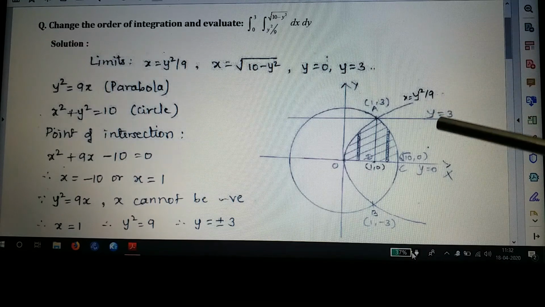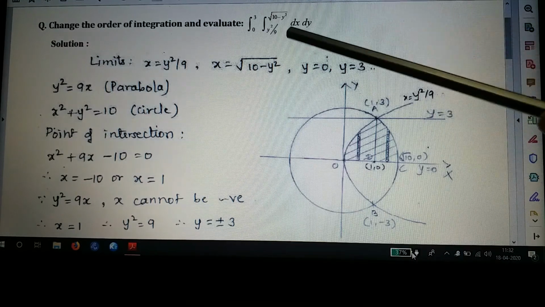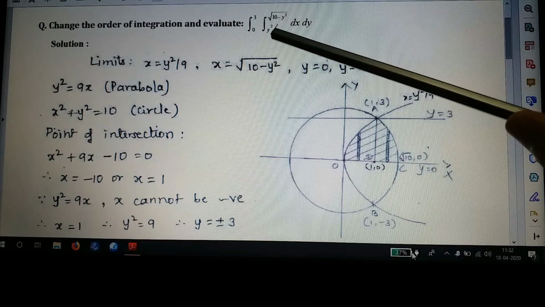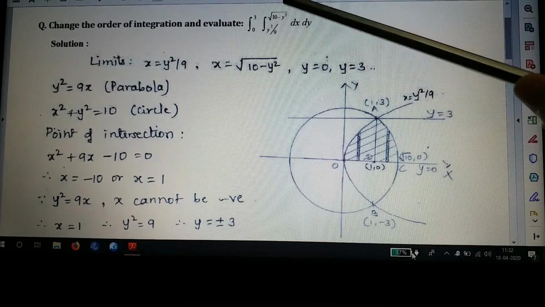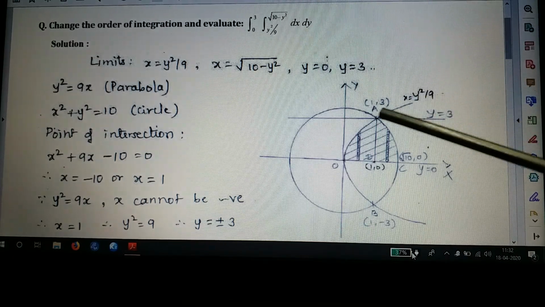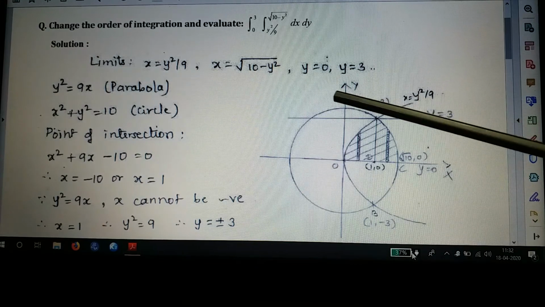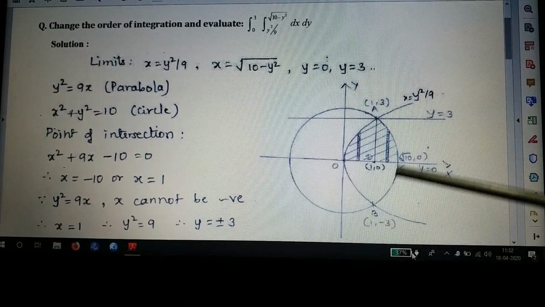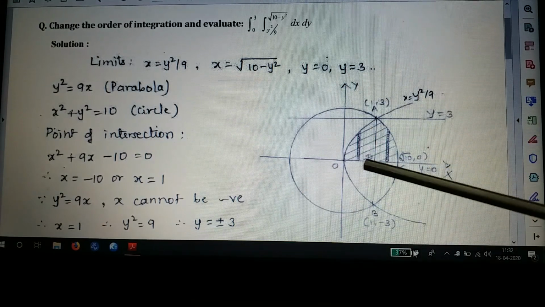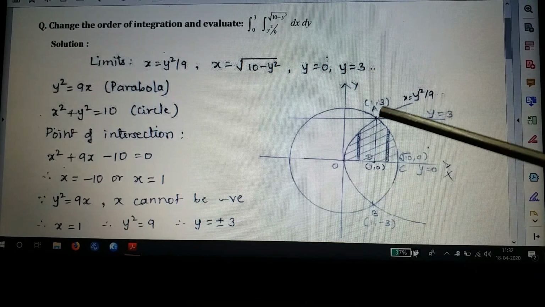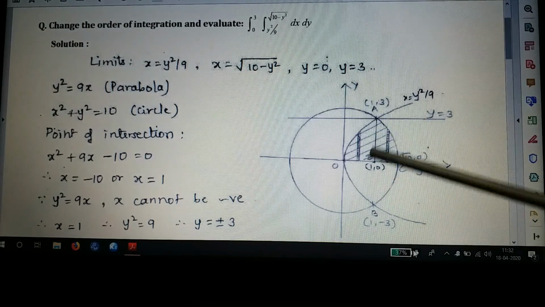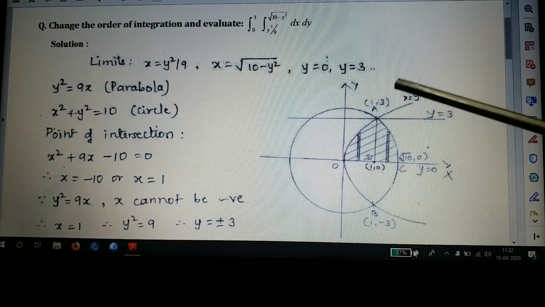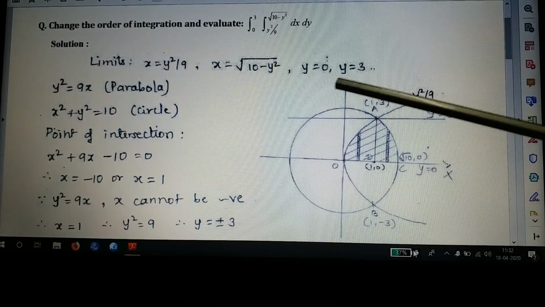Now let us identify the region. See, the region is bounded between the parabola and the circle. We have the parabola here and the circle here. So the region is bounded between these two, and somewhere here is our region between the parabola and the circle.